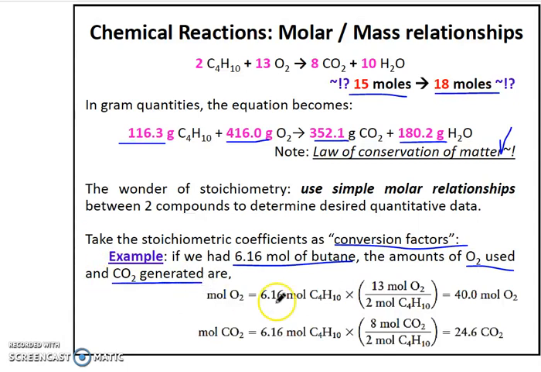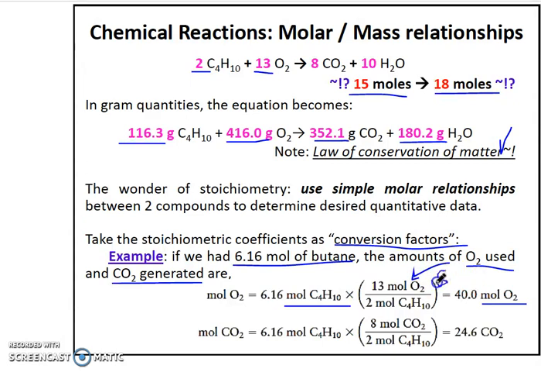The first idea is that we're going to go from moles of a substance to moles of a different substance, from butane to oxygen. That relationship is given by the stoichiometric coefficients of the balanced chemical equation. The ratio between these two, 13 to 2, is factored out into what we call a stoichiometric factor.